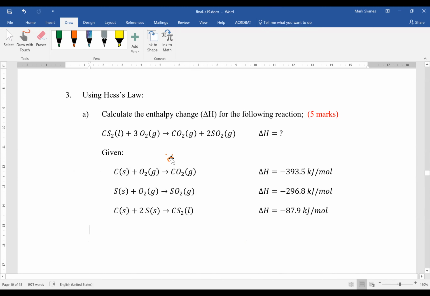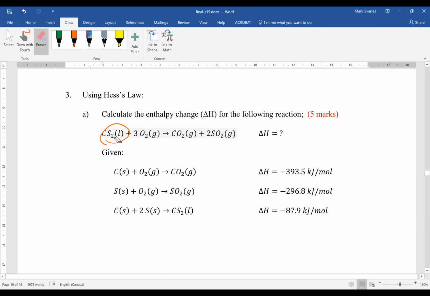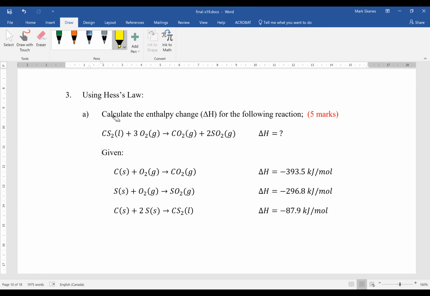There we go. I have 3 equations, and I have at least 3 chemicals that I can match. For example, I have CS2. Oh, you know what I should be doing, guys? I should be using my highlighter. There we go. So I have CS2, and I have CS2 here. So that's a match. I have CO2 and CO2.